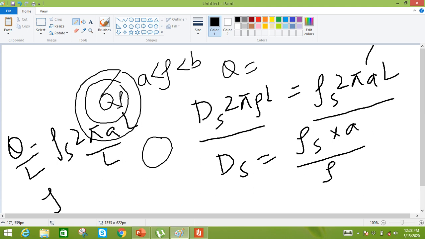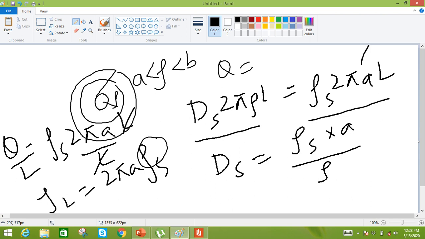So charge per unit length is actually rho L, and rho L is equal to 2 pi a rho s. L will cancel out with L, so rho L will be equal to 2 pi A into rho s.